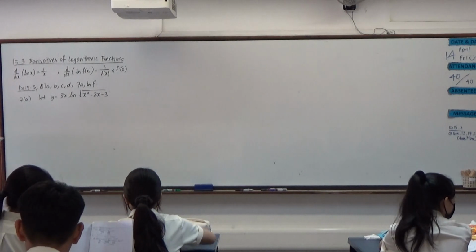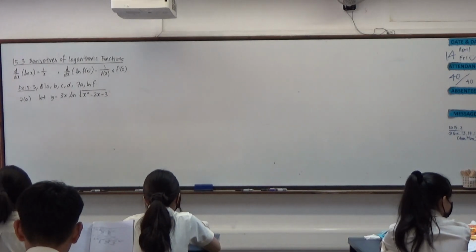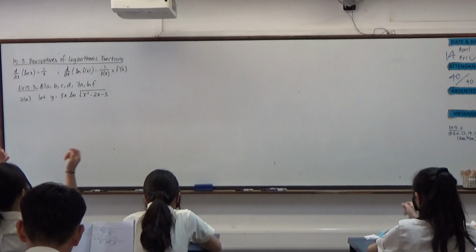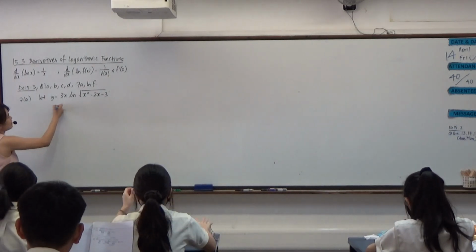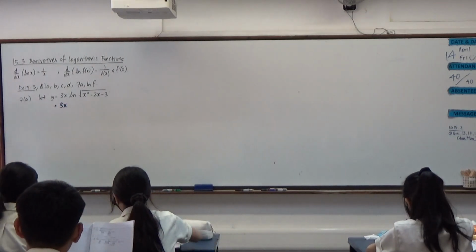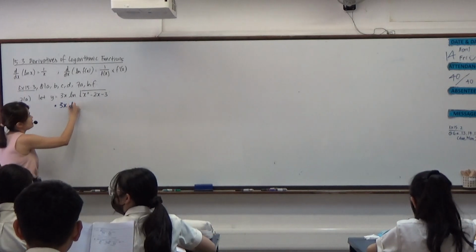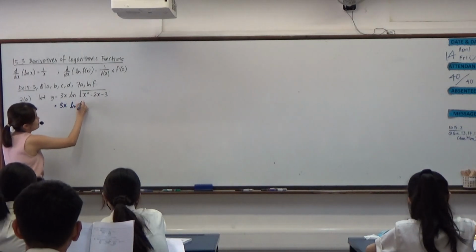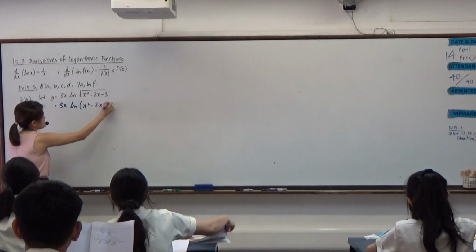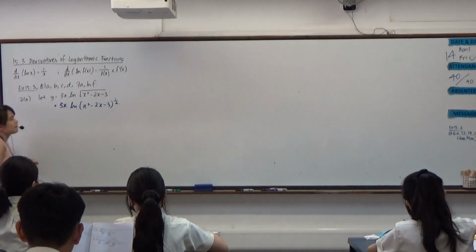We let y equal to 3x ln square root of x squared minus 2x minus 3. You could simplify this by saying that the ln itself can be expressed like that.